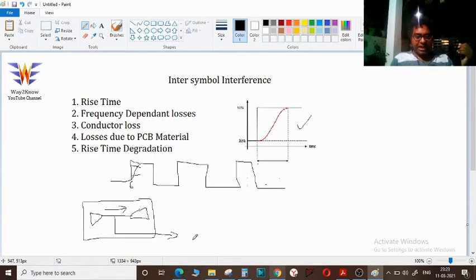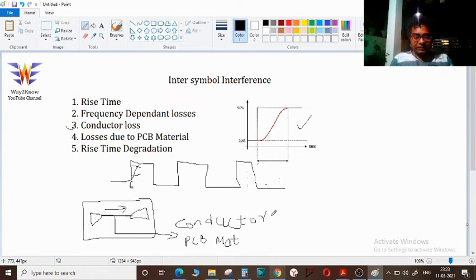The parameters here are, one, the conductor, and second, this copper trace laid out on a laminate, which is basically the PCB material. These are the two major properties which determine how the signal travels from driver to receiver.